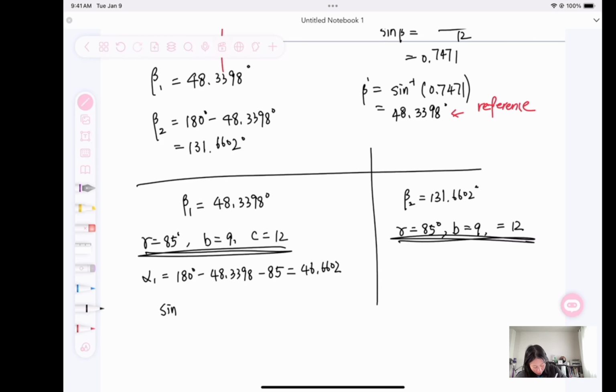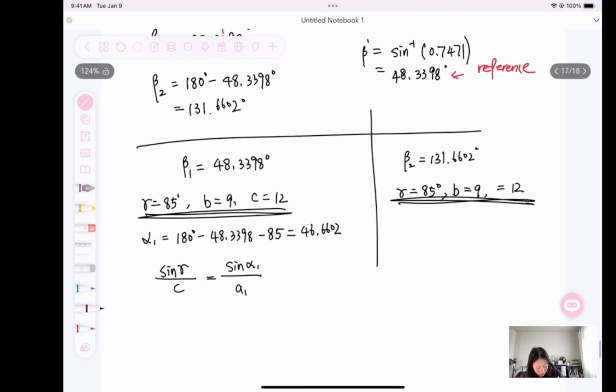Usually, because we don't know if this is correct, you want to use the ratio that is given and that's for sure, which means we're going to use that set. Which set is known? The gamma and the c. So I want to use sine gamma over c equals sine alpha, the first alpha, over the first possible side a1.